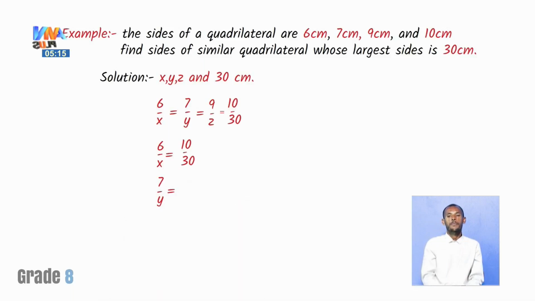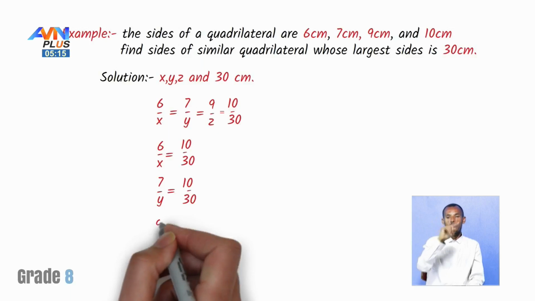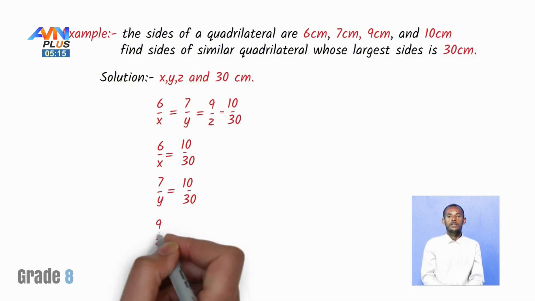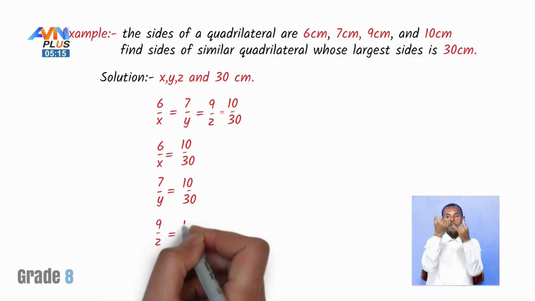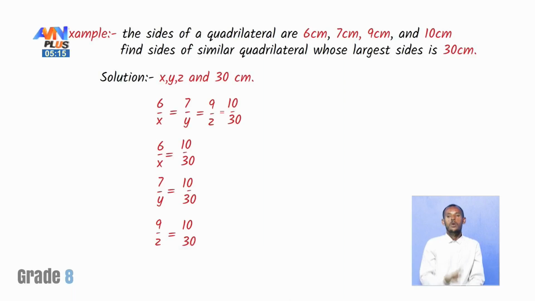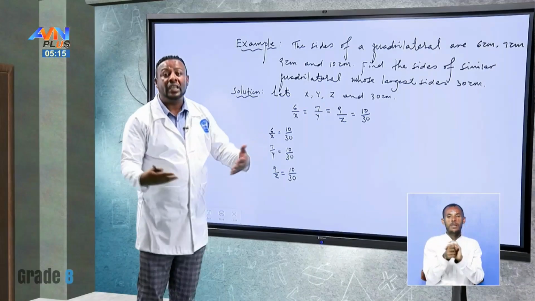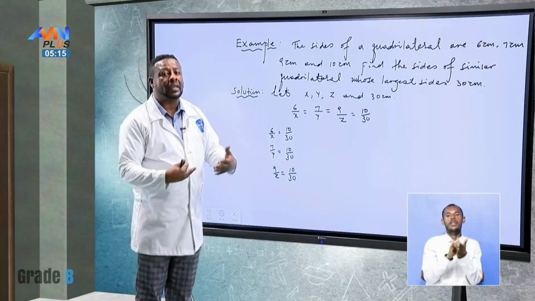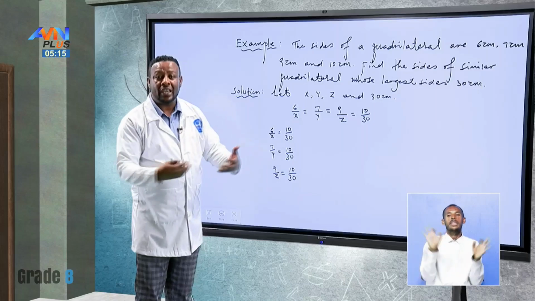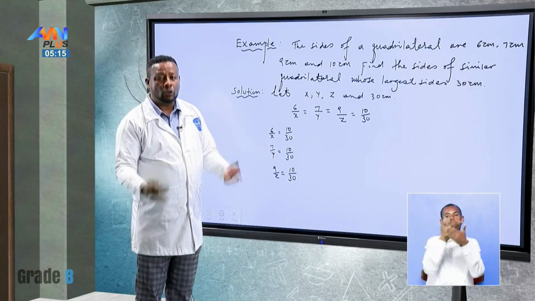The third one that we can take is 9 over Z. 9 over Z is equal to 10 over 30. Okay? So as we did in the previous example, the only thing that remains here is crisscrossing each equation and obtaining the unknown variables.